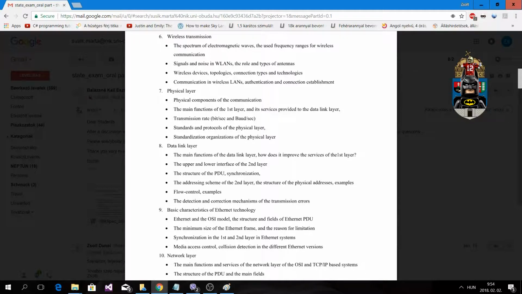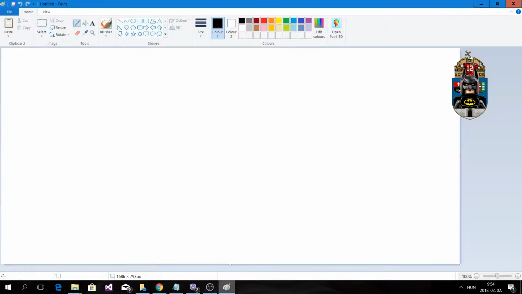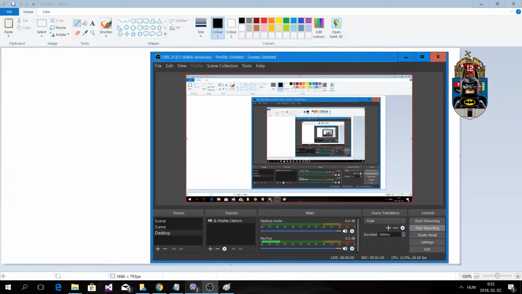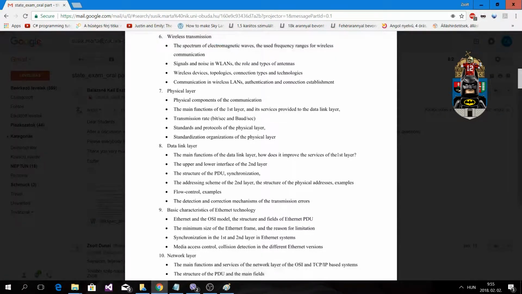So by default, not the physical components, but the main functions of the first layer. As I've said several times previously, the physical layer does encoding. That means encoding based on a pattern, because the data can go through several cables, and of course the encoding is not for this.